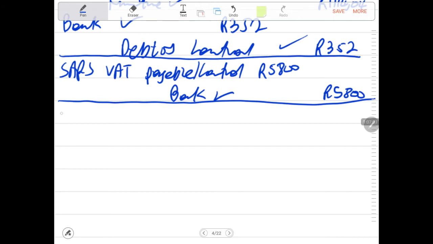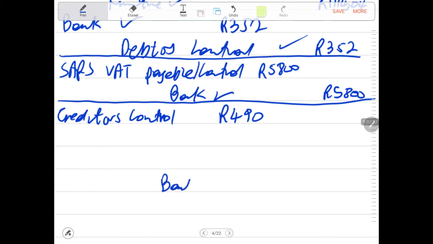So now our creditor must decrease because we paid our creditor. Creditors control. How much did we pay? We were supposed to have paid him 490, but we paid him less than 490. But our creditor must decrease by the amount of the settlement, including discount. Then VAT must be accounted for, and discount, and there will also be bank.